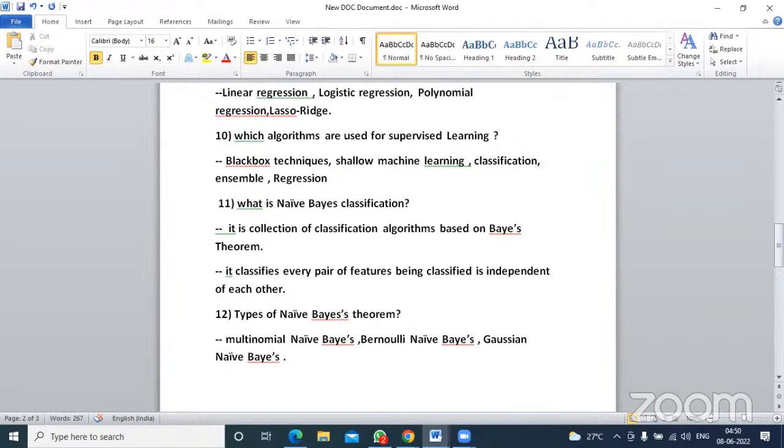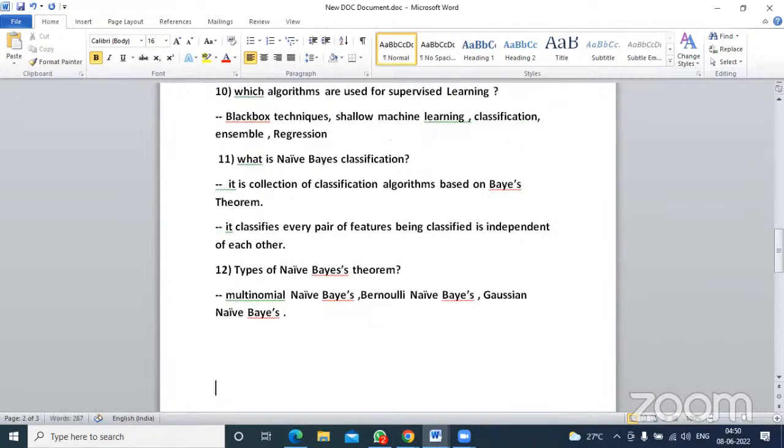These are used for text as well as recommendation systems. So that is how we are going to classify our output.